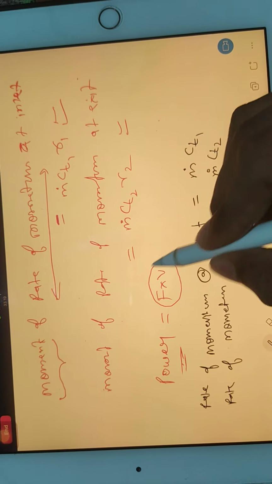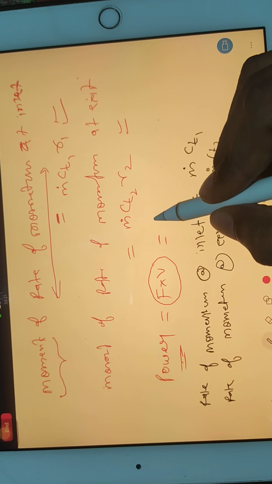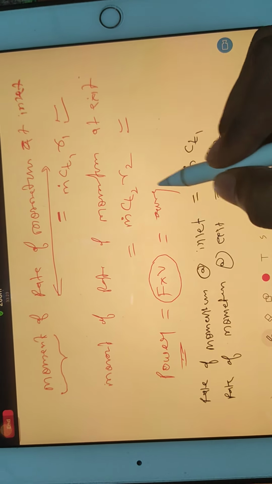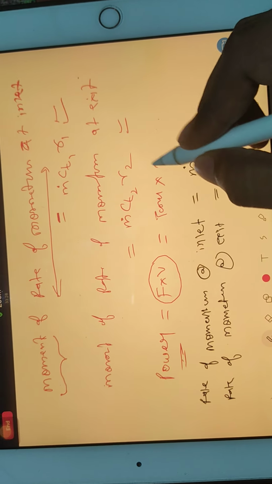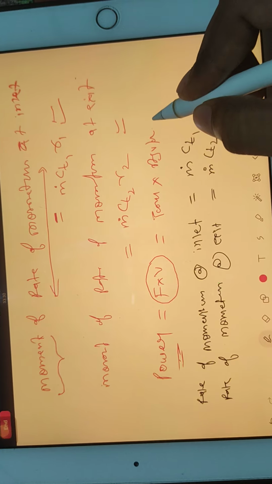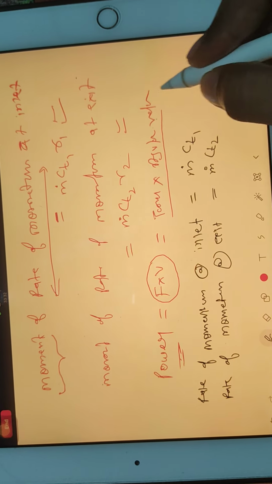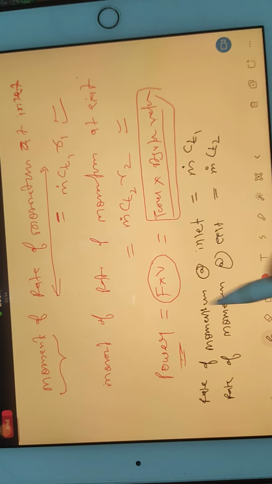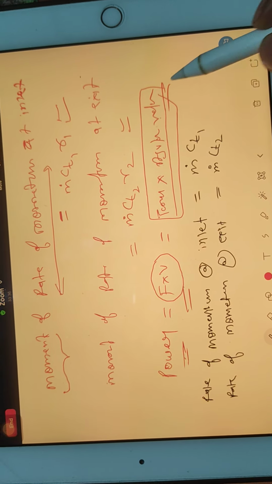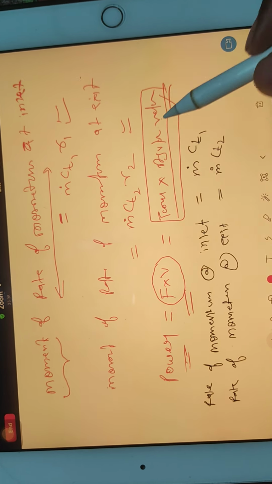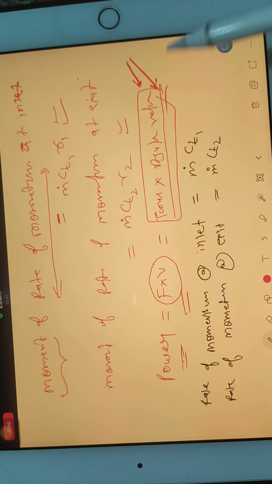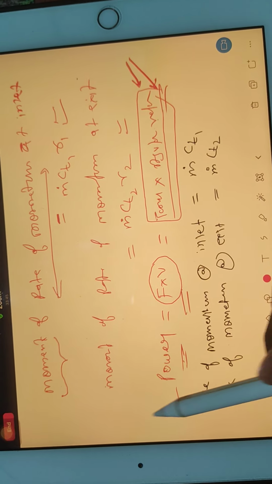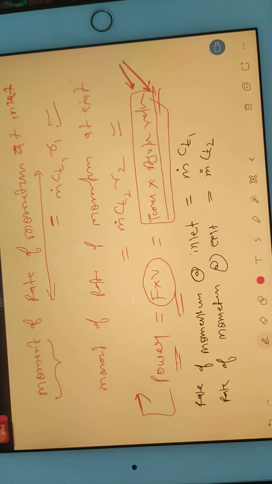This is in case of linear term, but torque into angular velocity. This is your angular power. Okay, this is your linear power, this is your angular power. Like in case of fan, whenever things are rotating, we go for this kind of idea. So you can see your power is being transferred from inlet to exit.